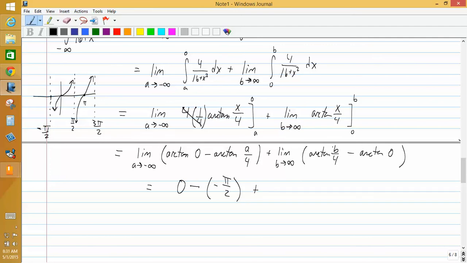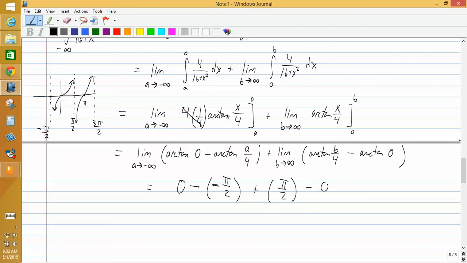Alright, plus arctan of infinity over 4, so arctan of infinity, we generally go with pi over 2, because you can see it's approaching positive infinity there. And then minus arctan of 0 is 0.